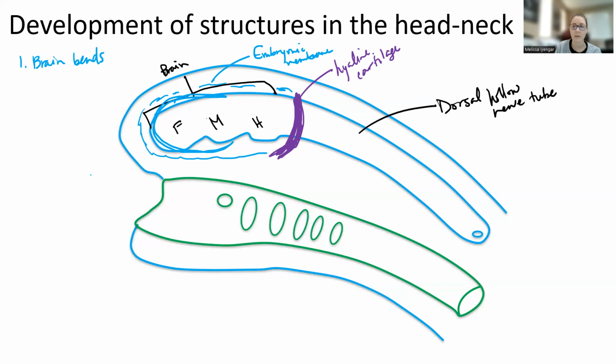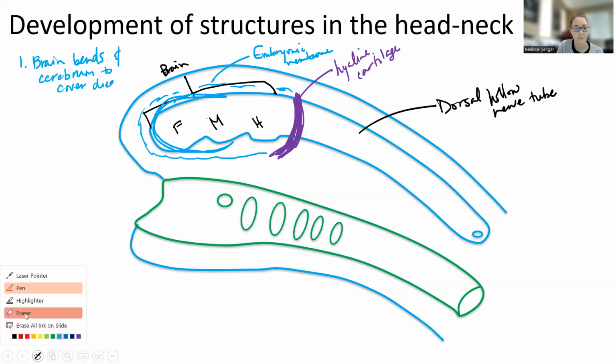And midbrain and hindbrain basically create the diencephalon and the brain stem. So this causes the cerebrum to cover the diencephalon. Let me rewrite that right there. And the brainstem.